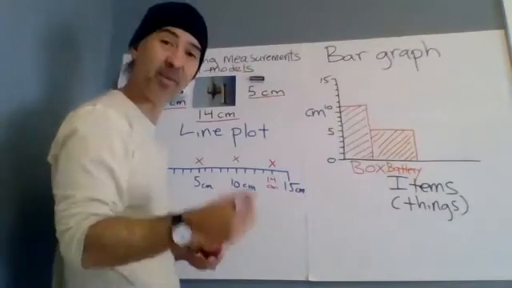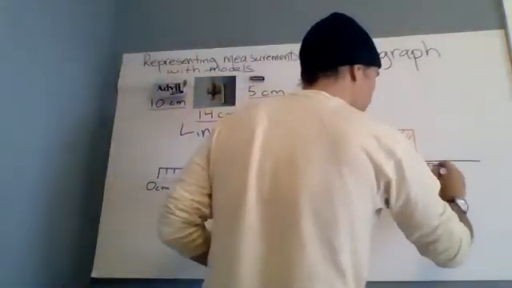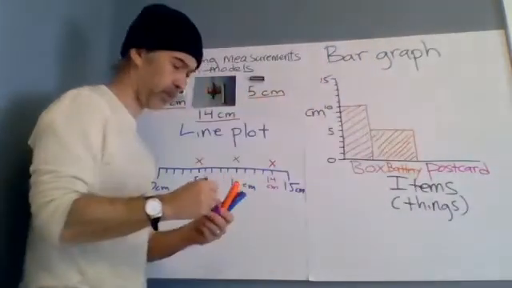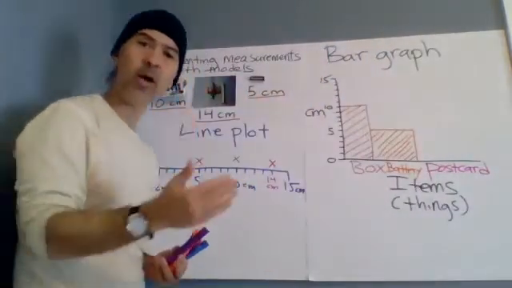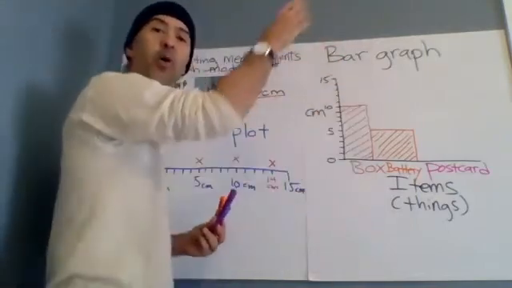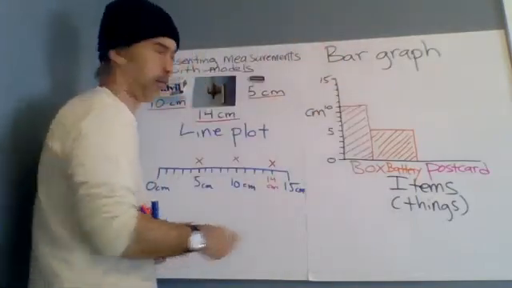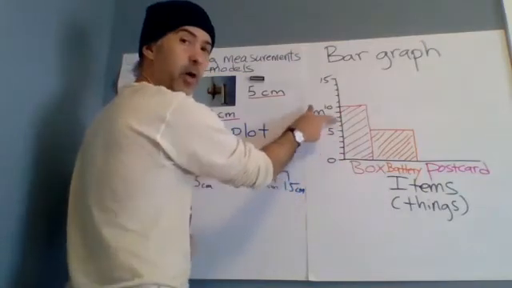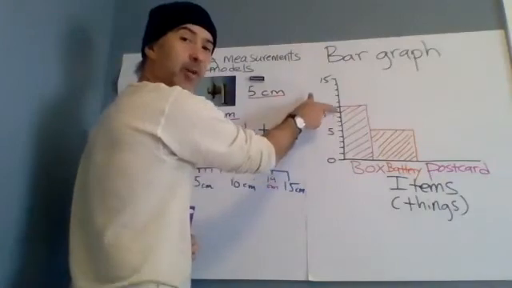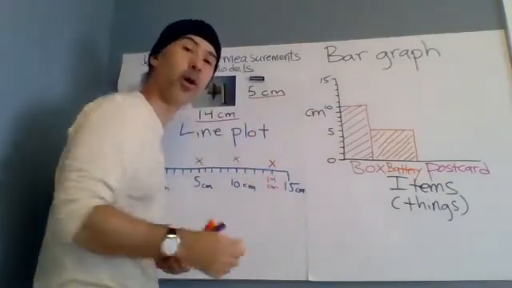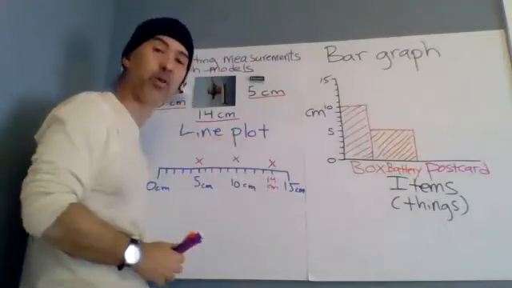The last item I measured was my postcard. Where on the bar graph would you draw the bar for postcard? How high up would you go on this centimeter side until you reach the height of the postcard, the length of the postcard?